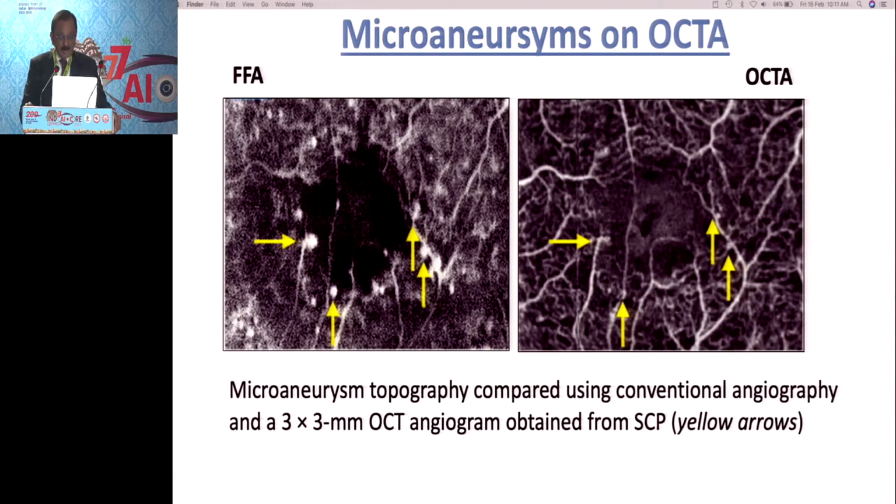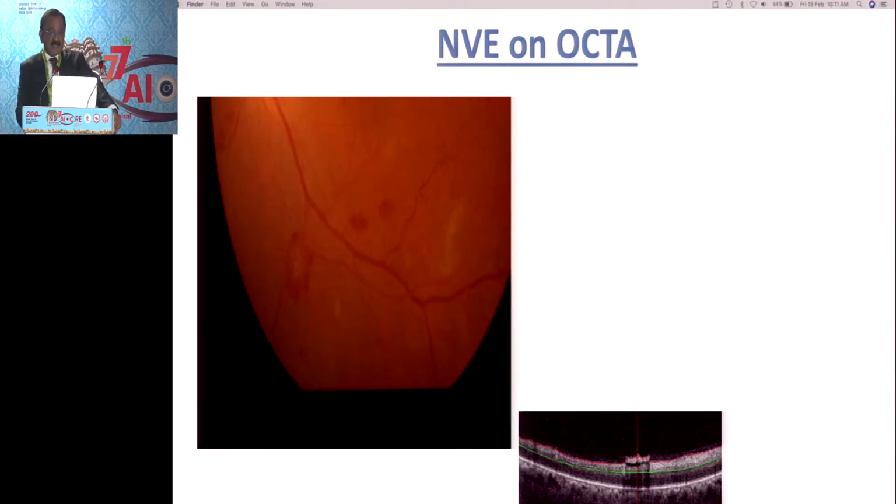With FFA, you were able to identify the microaneurysms by the leak, and with the OCTA, you were able to identify where these were present, which layer, whether in the deep capillary plexus or the superficial capillary plexus. I was seeing that the microaneurysms are present more in the deep capillary plexus than in the superficial capillary plexus.